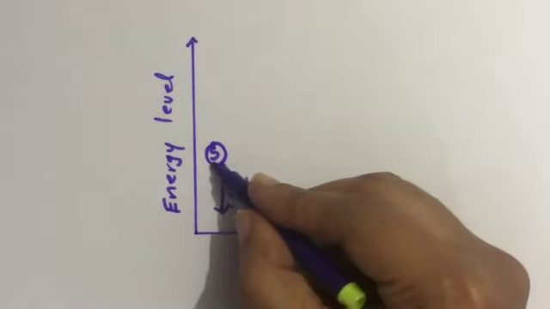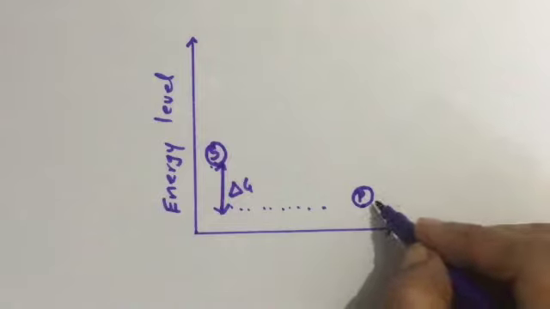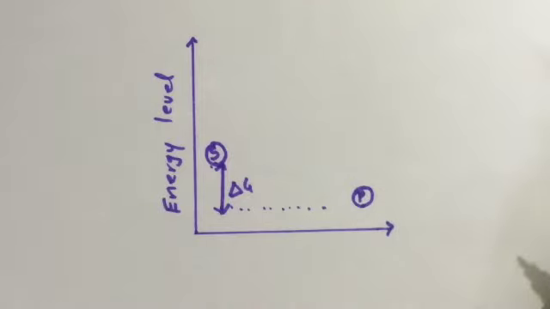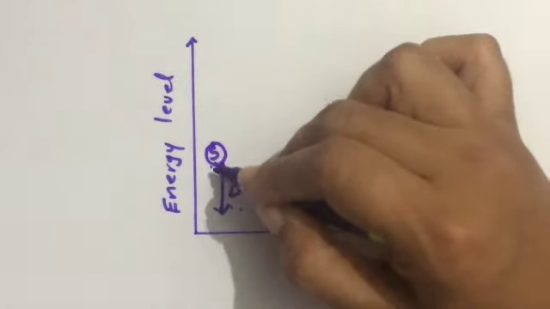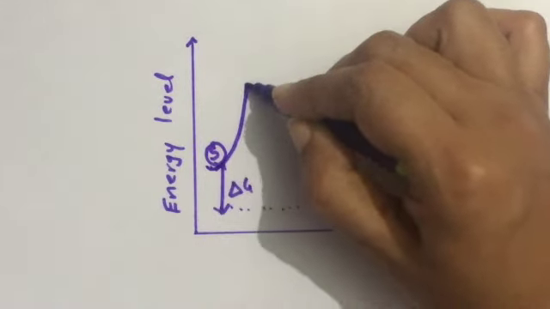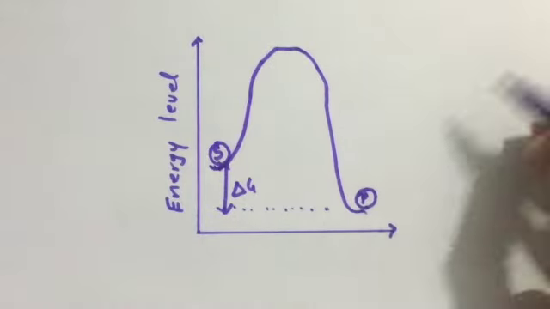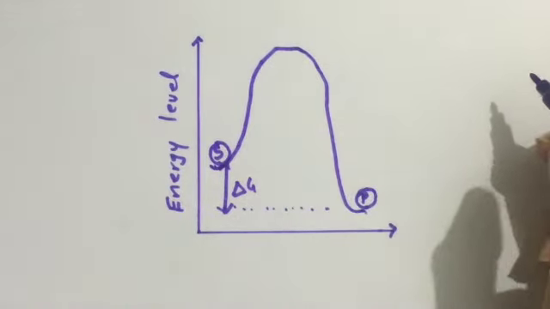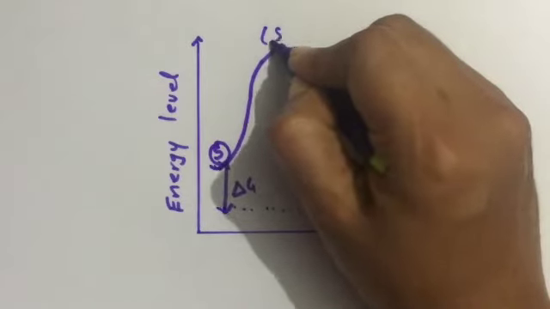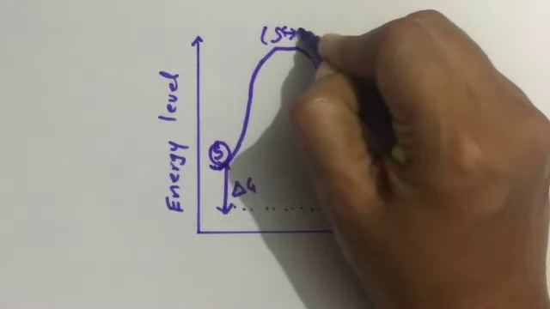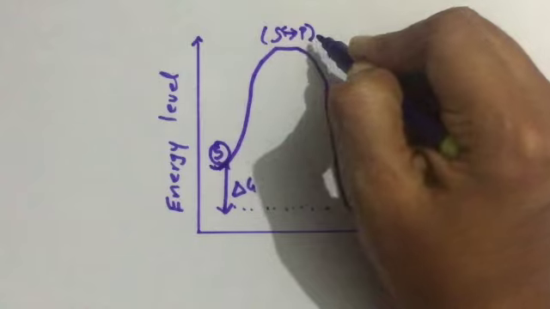To get converted from this energy level to this energy level, the substrate has to go through a transition state. So the substrate will go from here and then it will get converted to the product. So this is the transition state where substrate is getting converted to product.